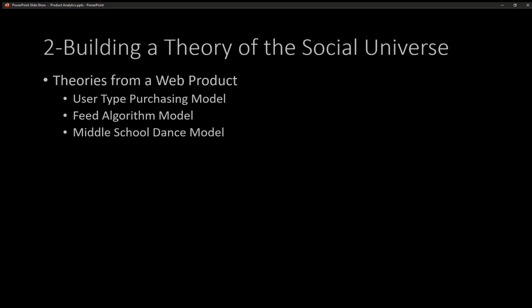Next is the middle school dance model. Here, it is a social network of tea enthusiasts where each user sends messages, rates the tea and tea shops, and uploads a picture of the tea on their web page. They can make a profile and post information to the profile.